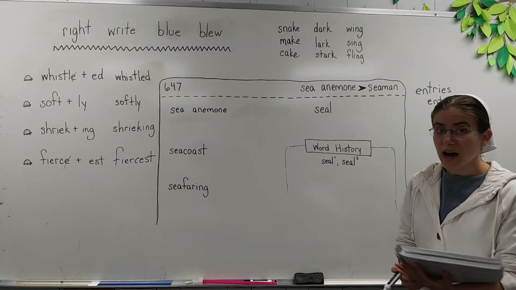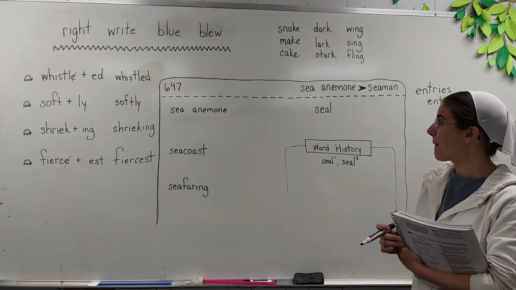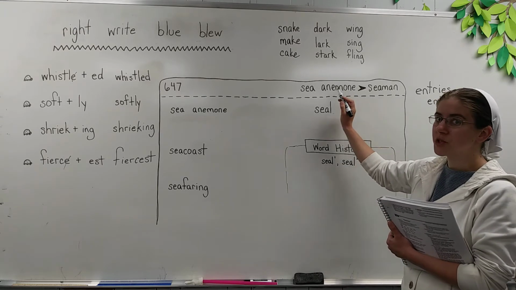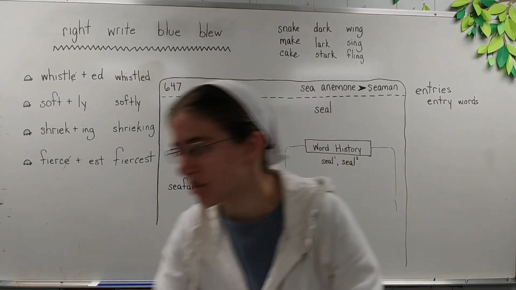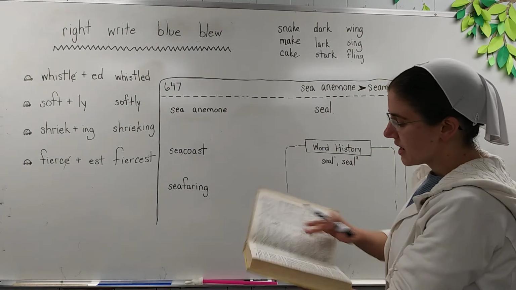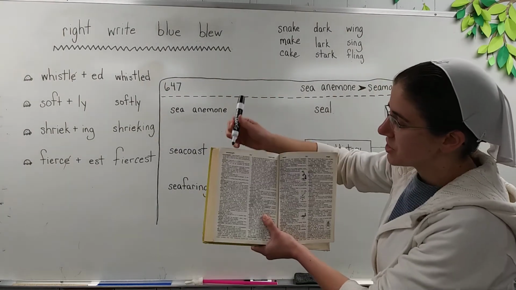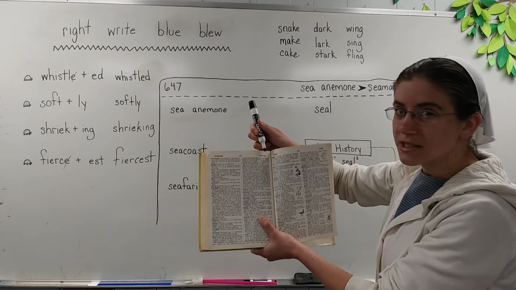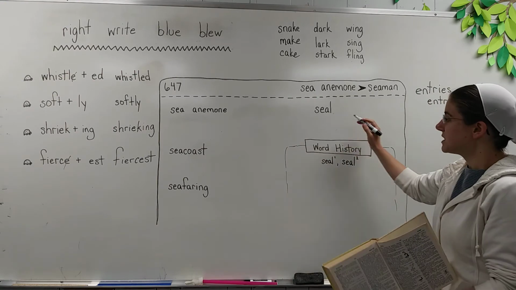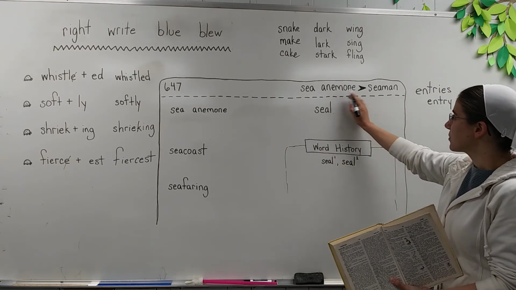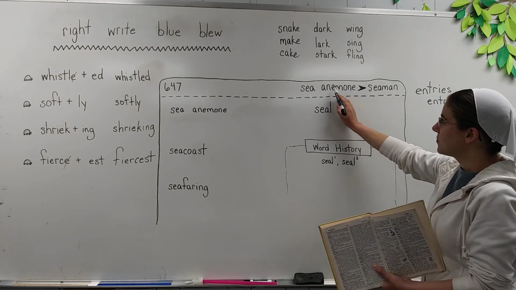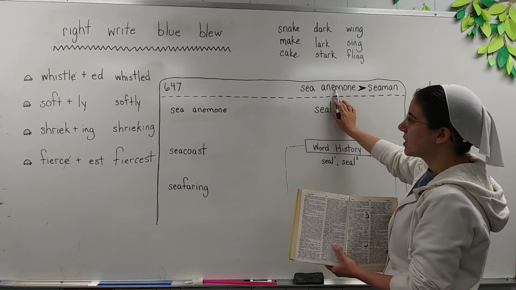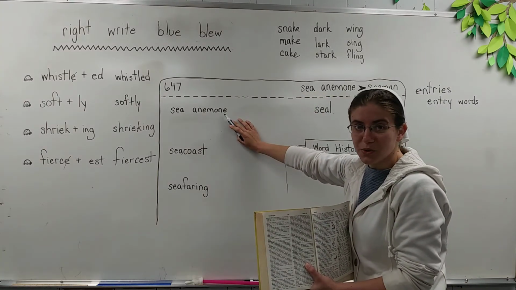So at the top of every page, we have guide words. Sometimes, like in my dictionary, I have a guide word on this side of the page and a guide word on this side of the page. But in this sample here, we have our guide words up here. The one on the left side shows what our first entry word will be.